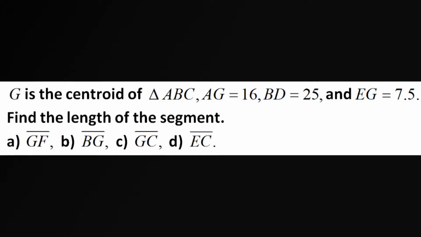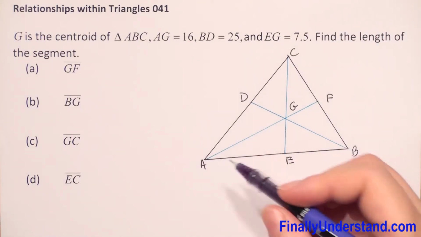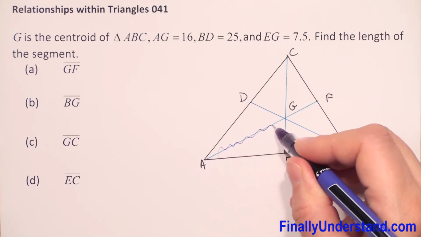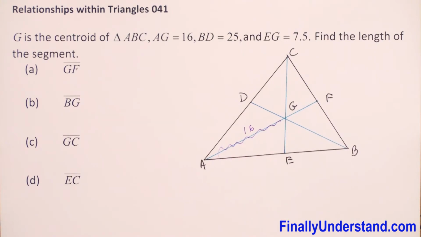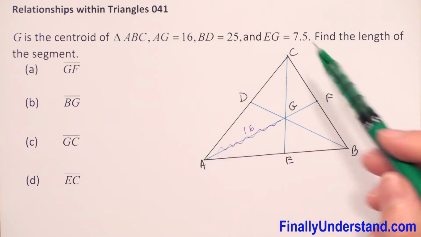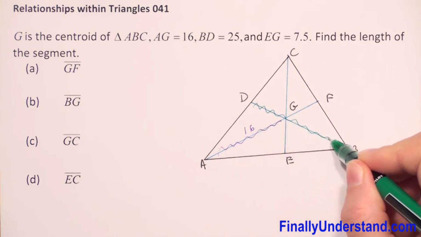G is the centroid of triangle ABC. We have given that AG, this segment, has 16. BD is 25.